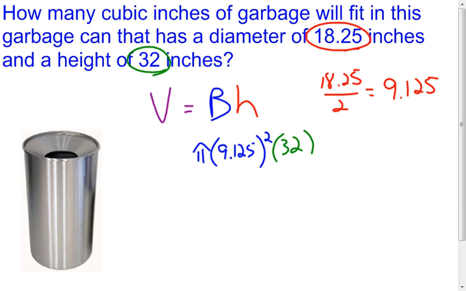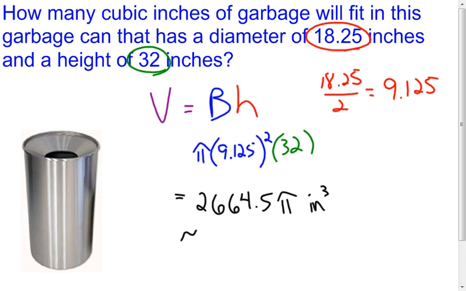Now take that and multiply it on my calculator. So what I've done here is I've taken the 9.125, squared it, multiplied it by 32, and I ended up with 2,664.5, but then we'd have to multiply by pi. So right there would be the exact value in terms of cubic inches.